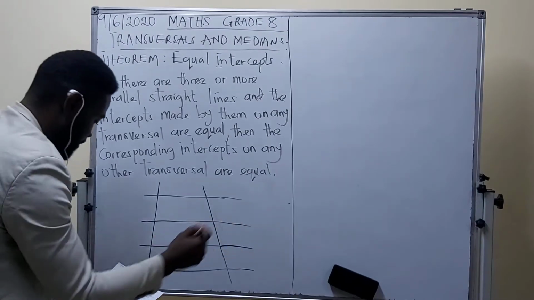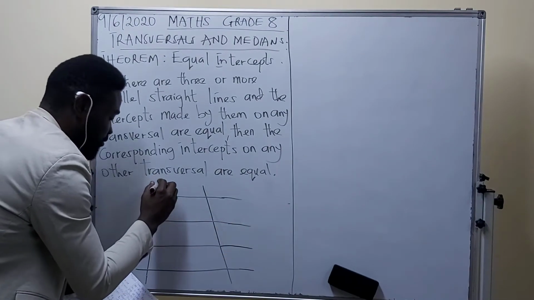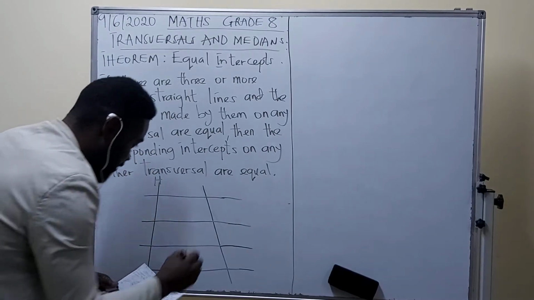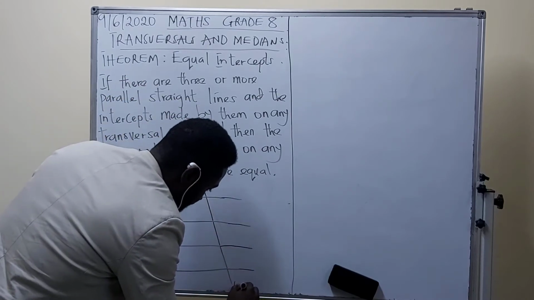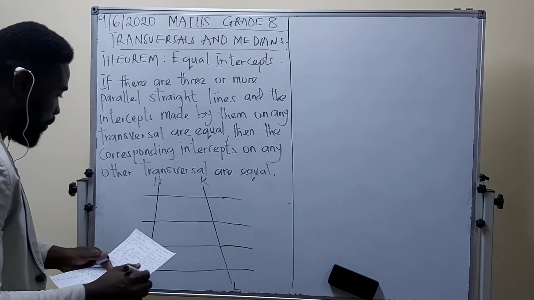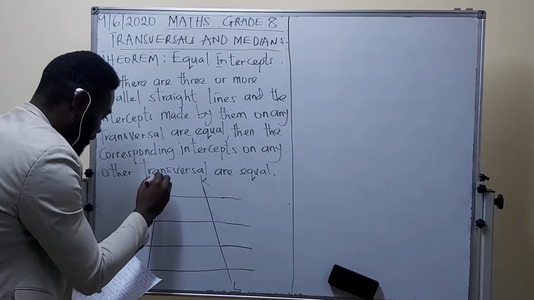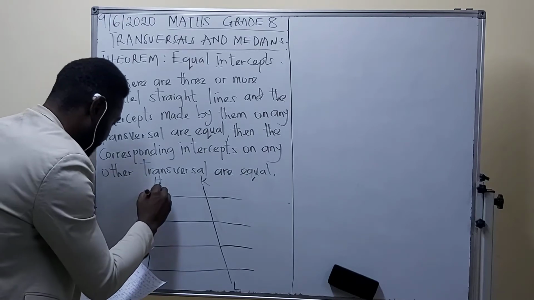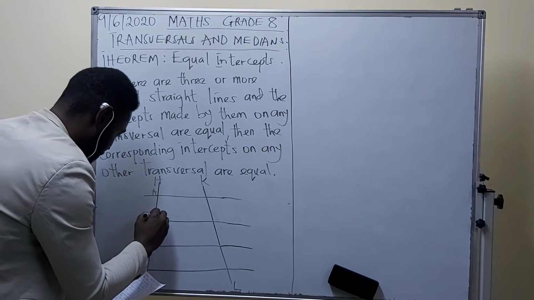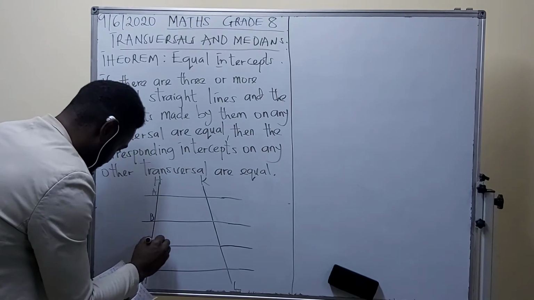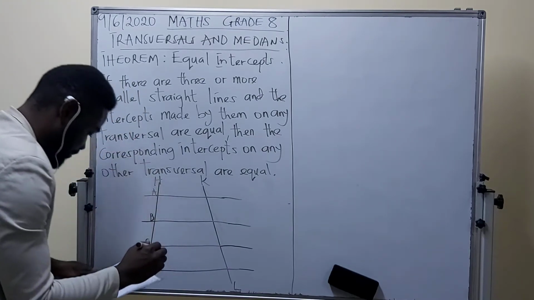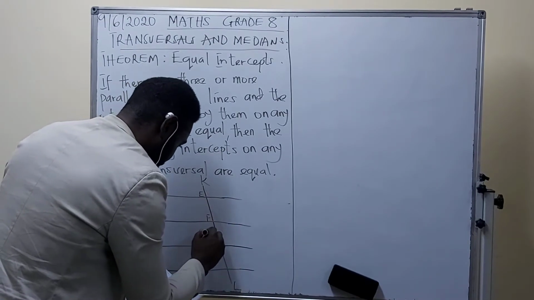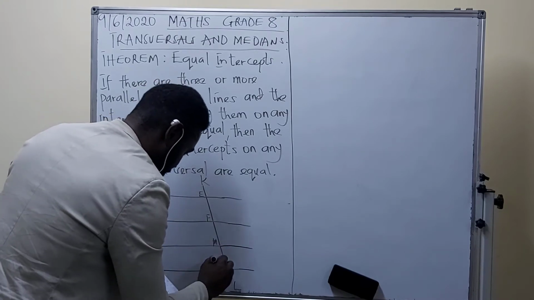Now, we have 2 transversals here. We have HI and we have KL. The first points where they are intersecting on the first transversal HI, we have point A, point B, point C, and point D. And here on the other side we have E, F, M, and N.